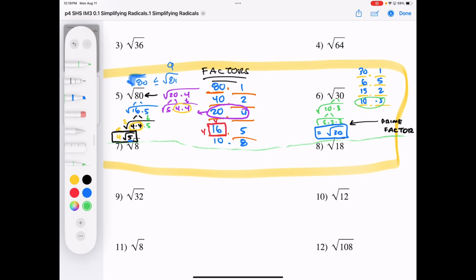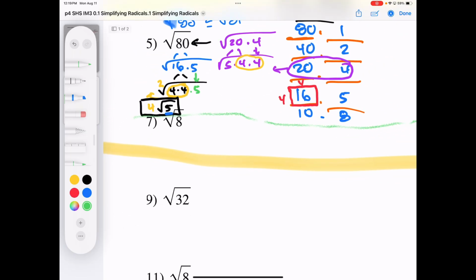Okay, look at your color chair. Blue chairs. What number did you guys pick for the square root of 8? How do you break it down? 4 times 2. Okay, now what? Oh, do it again. Oh, don't forget that one. Orange chairs.